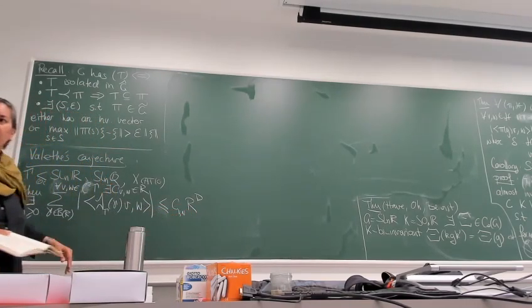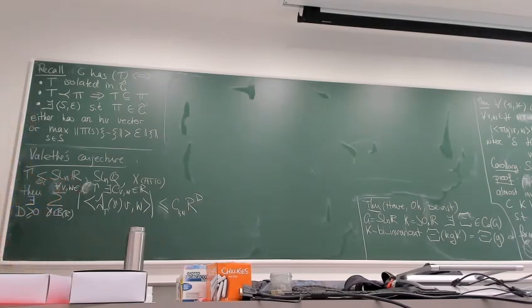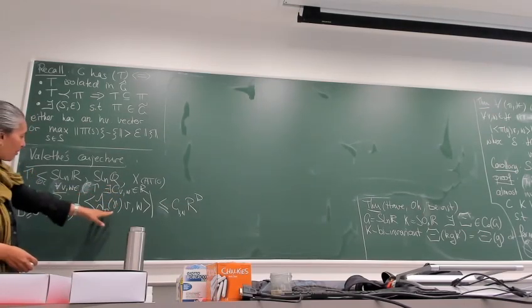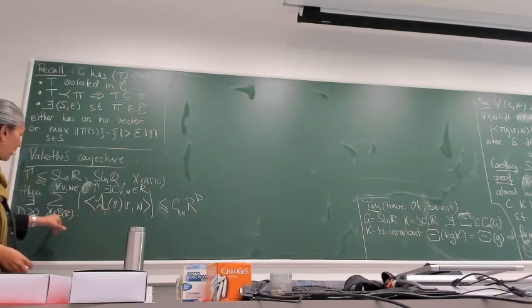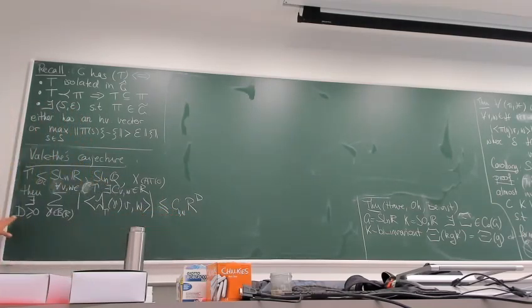Can you repeat the order of the quantifiers? Yeah, let me put the order of the quantifiers better. So you take your lattice. For any pair of vectors, you have a constant, so that the coefficients of the regular representation, summed over a ball of radius R, behave polynomially. The polynomial is fixed once and for all. They behave polynomially in terms of the size of the ball, in terms of the length. So capital D only depends on the group.